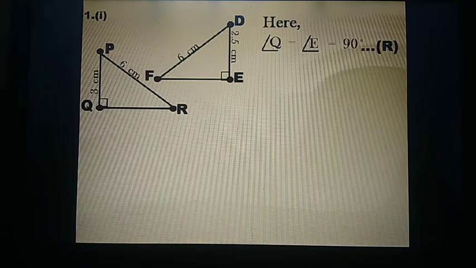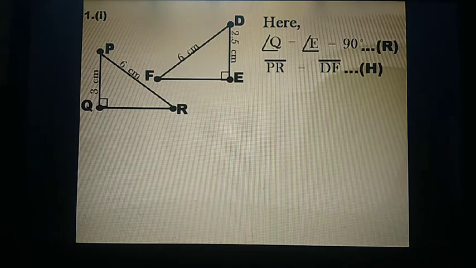So here it's R. Next we check for H. H is the hypotenuse, that is the side opposite to 90 degrees. PR is the side opposite to 90 degrees. Similarly, FD is a side opposite to 90 degrees. So PR and DF are the hypotenuse here.